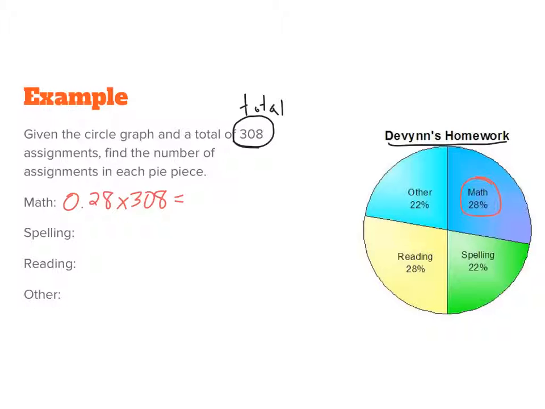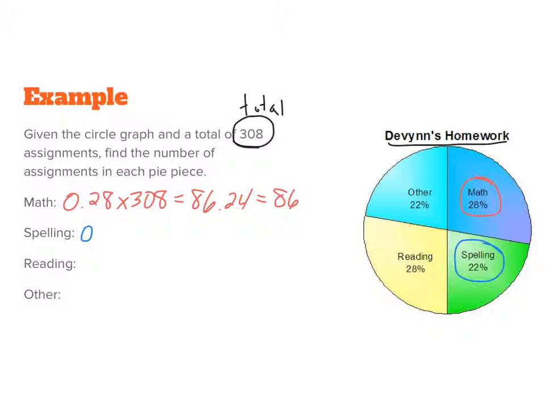And that's going to give me the number of math assignments, which is 86.24. Now, that really doesn't make sense in terms of assignments. You can't have a part of an assignment. So we round that to the nearest number, which 86.24 would round to 86. So 86 math assignments. For spelling, spelling is 22%.